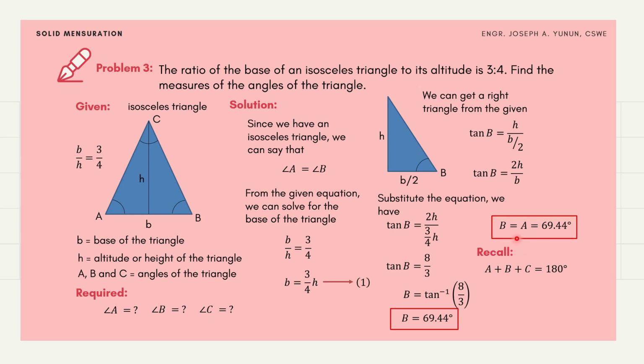You have angle B, which is 69.44, and angle A is also 69.44, and you can solve for angle C. Rearranging that equation, angle C is equivalent to 180 degrees minus angle A minus angle B. Substituting the given values, 69.44 for A and 69.44 degrees for B, and simplifying that, you'll get an answer of 41.12 degrees. And that is the answer for angle C.